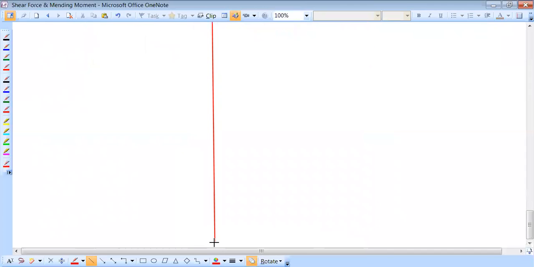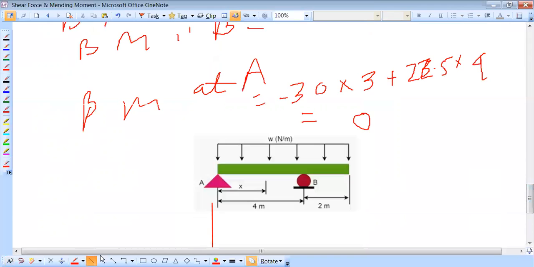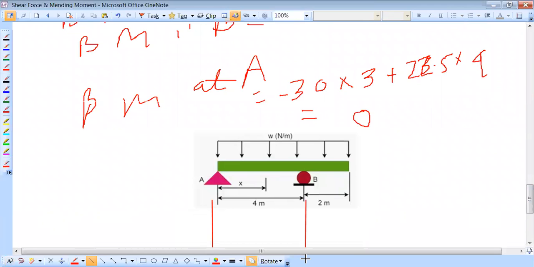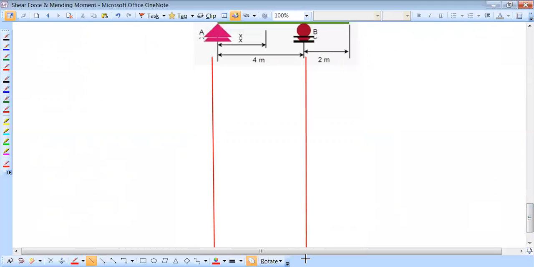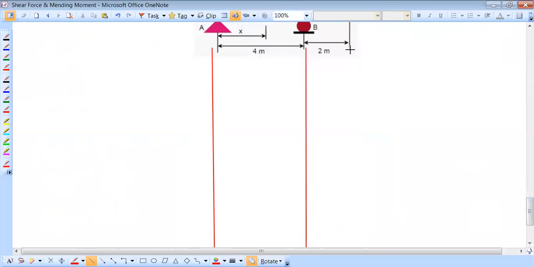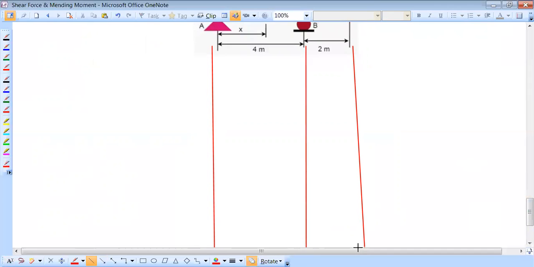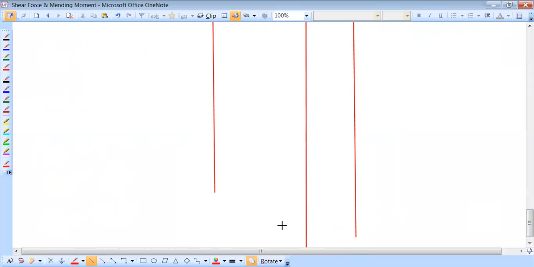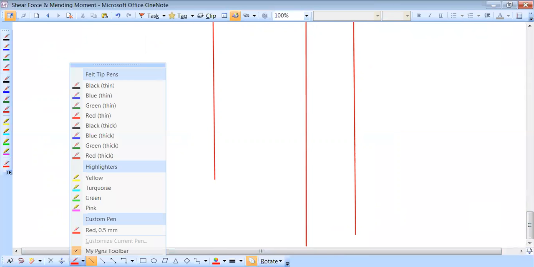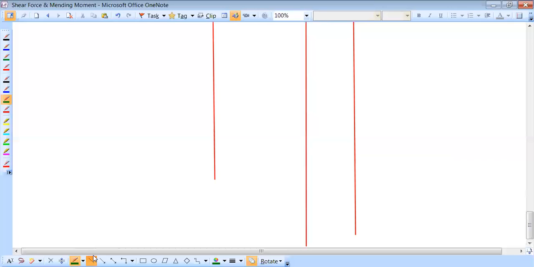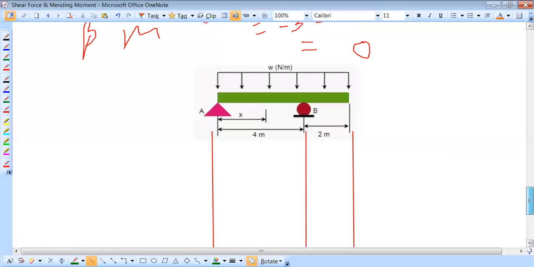So easily take one line from this point, again take a line from this point, and take a reference line from here.